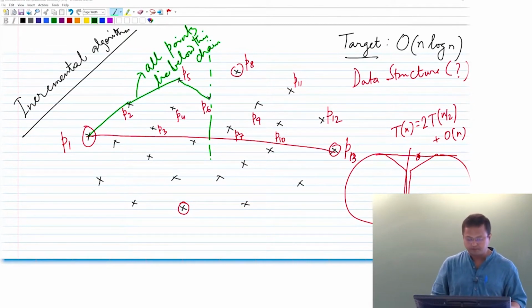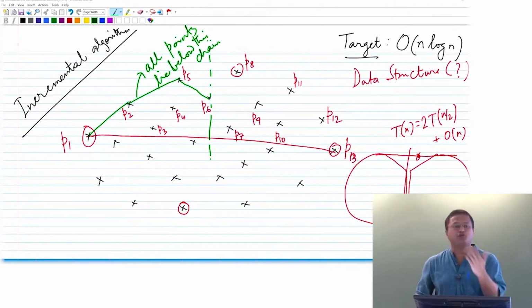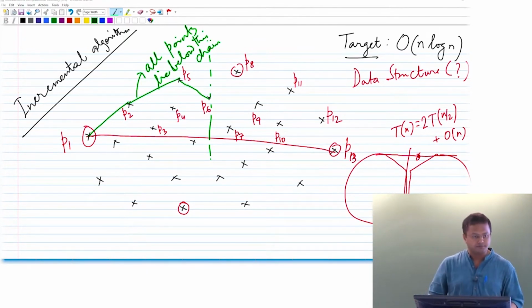Right. Now, P7 comes, I have to introduce P7 into the convex hull in such a way that the same thing holds.